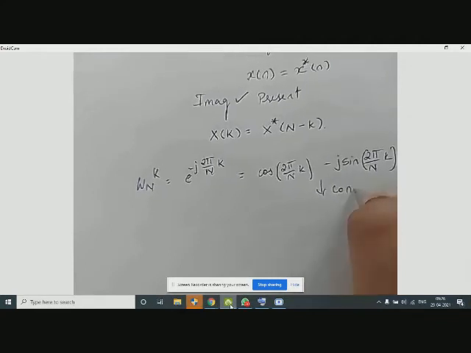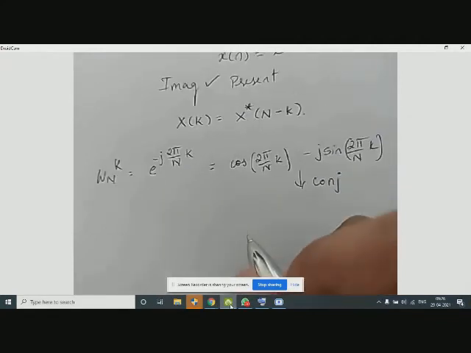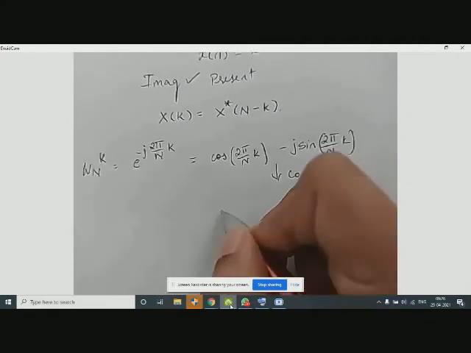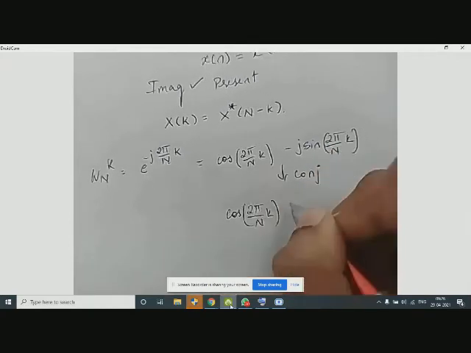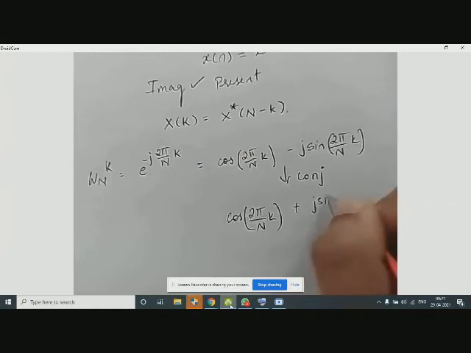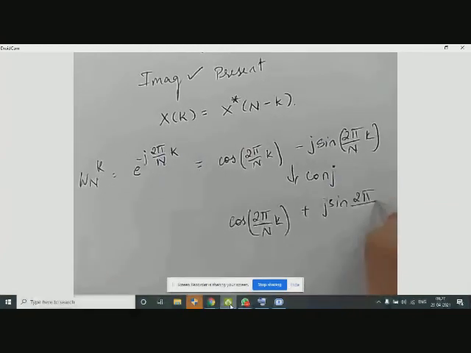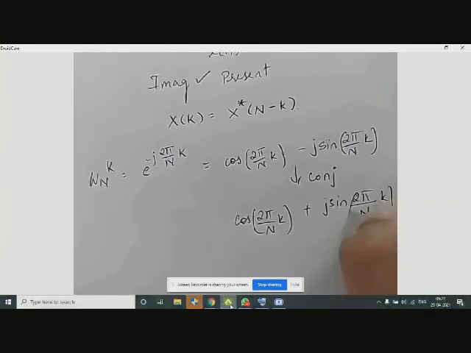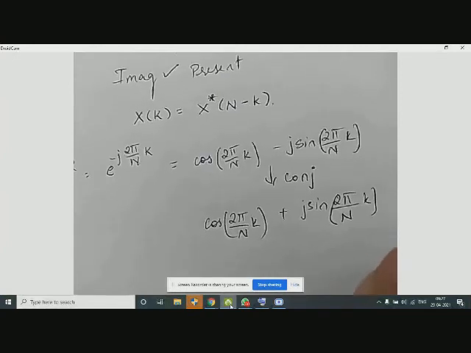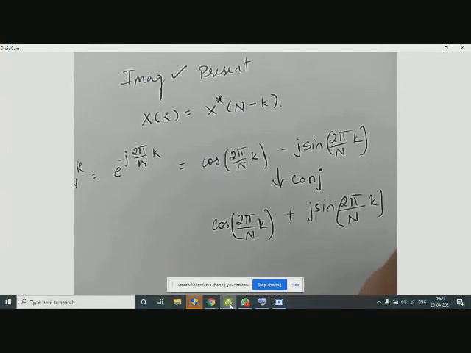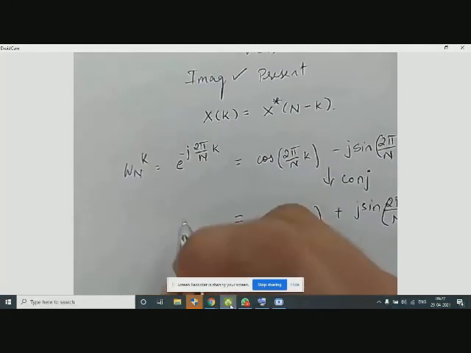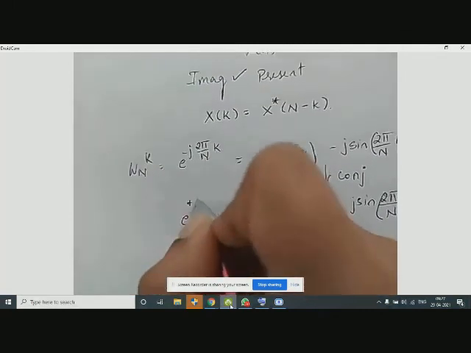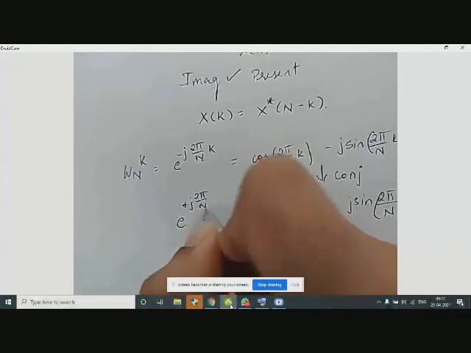It will be cos 2 pi by N into k plus j sine 2 pi by N into k. All of you are aware of this? Imaginary term you have changed. So this is nothing but e power plus j 2 pi by N into k.